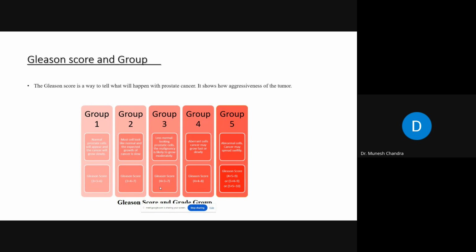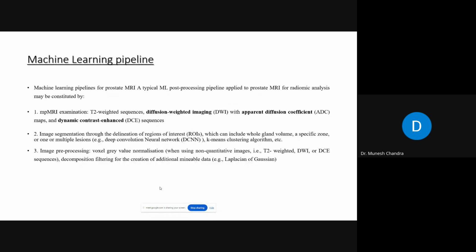From group 3 onwards, the size is normal, but the cancer is growing moderately, increasing up to a certain extent. After group 4, cancer is growing very fast. So we have to identify the grade.